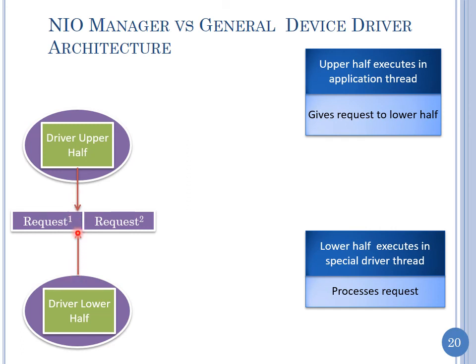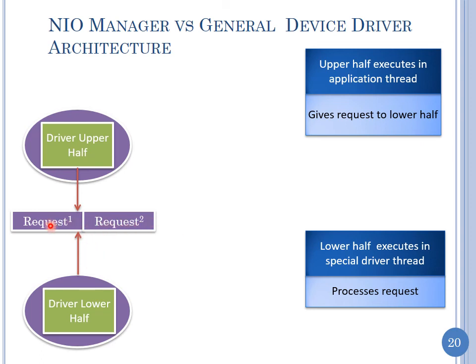You're not really transferring data, but you're just transferring a request saying, I want a character when it arrives. When the upper half is executing a write, then the upper half is saying, I'm interested in write, so I want to request a write, and here's the data that have to be sent. So the request is a different request, but they're both requests, and the lower half processes requests.